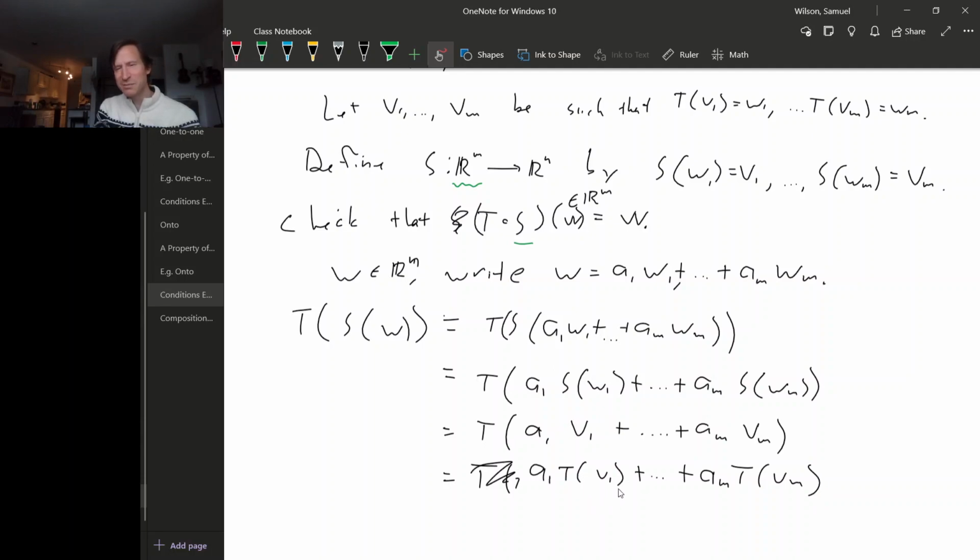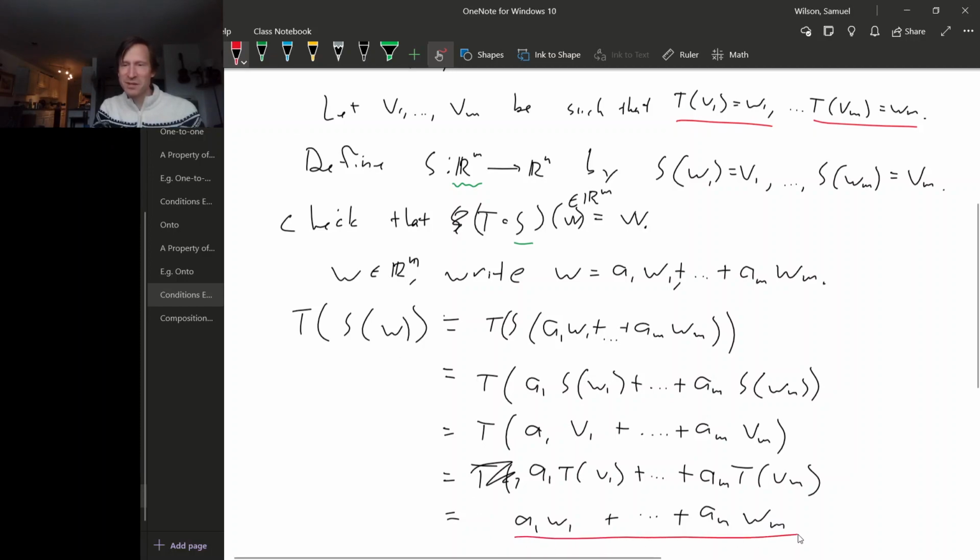But what is T applied to V1 through Vm? Well, remember, how we came up with the V's was by using the onto-ness of T to come up with solutions to these equations. So T of V1 is actually just W1. So this is A1 W1, and the same thing goes for all the other W's, down to Am Wm. But this linear combination of the W's is exactly W.